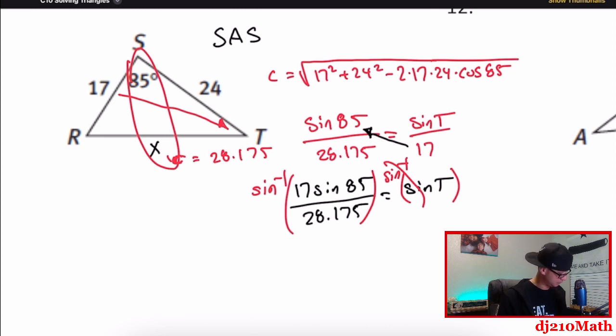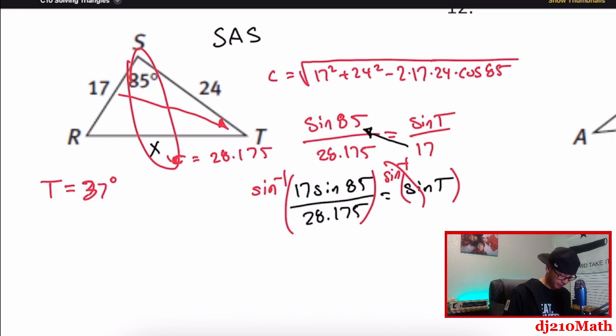Let's go. Trig, inverse sine, control division, 17 sine 85 over 28.175. We're going to get that t is equal to 37 degrees.